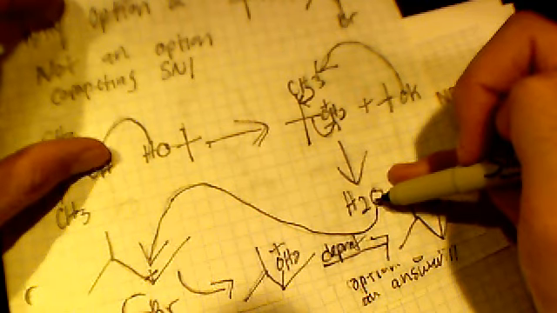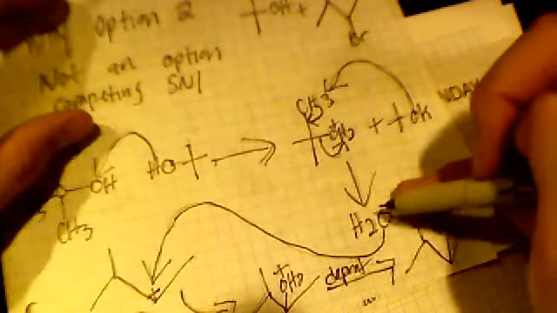So then you would have water, and then perhaps the bromine could float off by itself, and then you'd have a positive charge here, and the water could come in, and it would be an SN1 reaction. That's just a theory, though. So that's that.